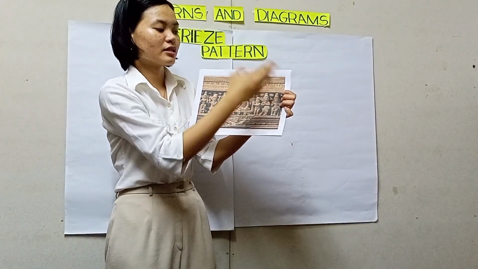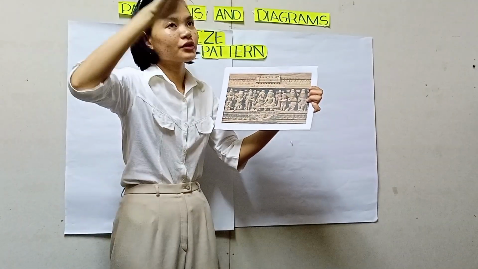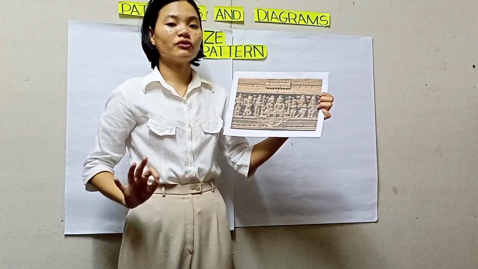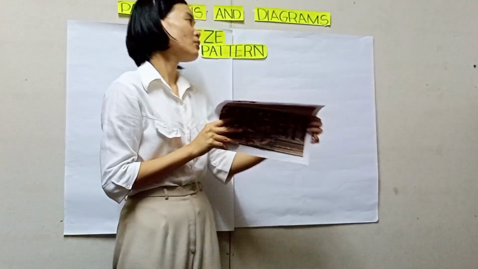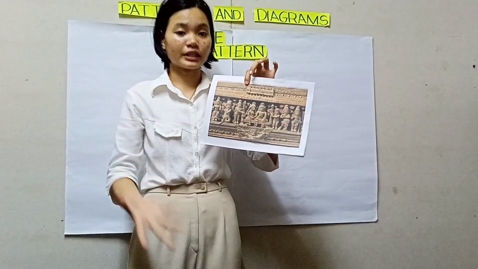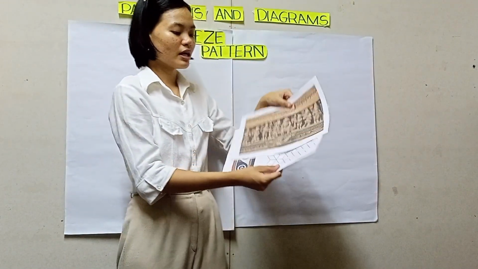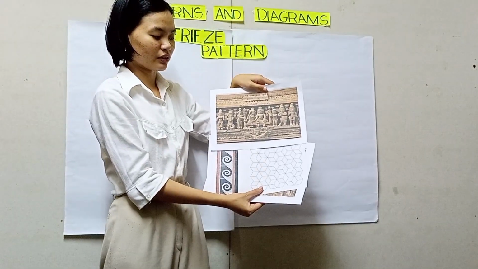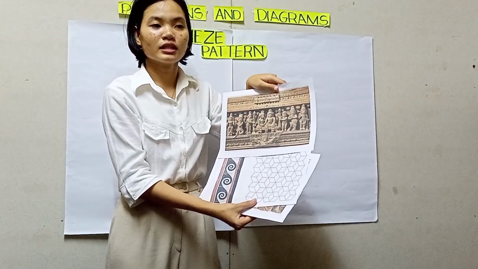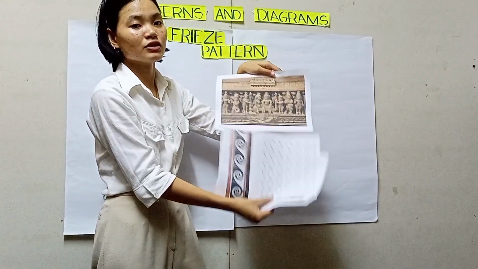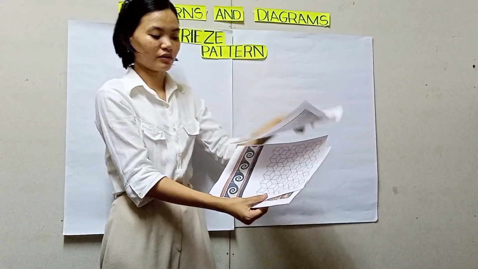Although it has curved shapes or curved lines, the arrangement of it goes under the Frieze pattern because it is arranged in a horizontal or vertical form. So as you have noticed, in all our examples of Frieze pattern, there are common distinct features that when we see it, oh, this illustration belongs to Frieze pattern.